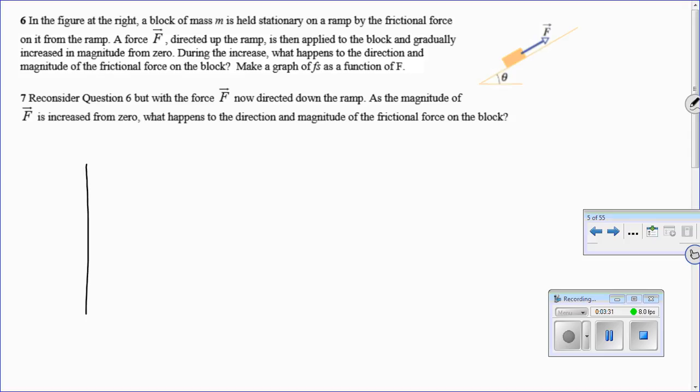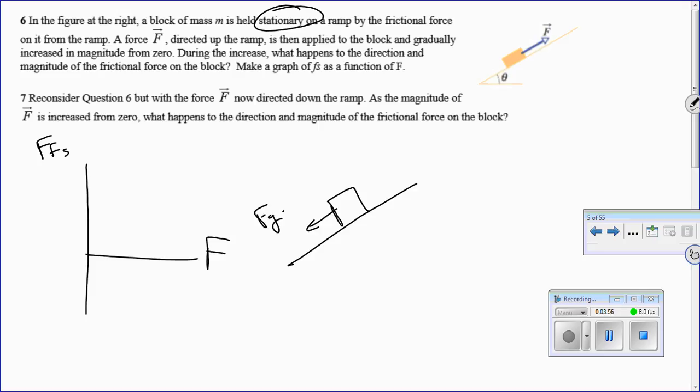So our graph is going to look like this. Here's the force that we're applying. Here's our force of static friction. Okay? So here's our block. Right? So if our applied force is 0, the problem is telling you that it's stationary, right? Okay, so automatically I know that there's this parallel component of gravity pulling the block down the ramp, correct?